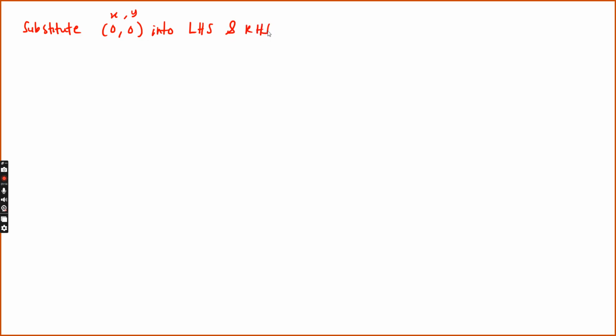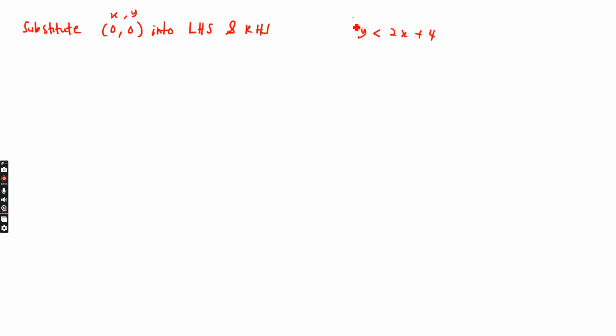Our inequality is y less than 2x plus 4. The left side, y, we call the left hand side. 2x plus 4 is our right hand side.